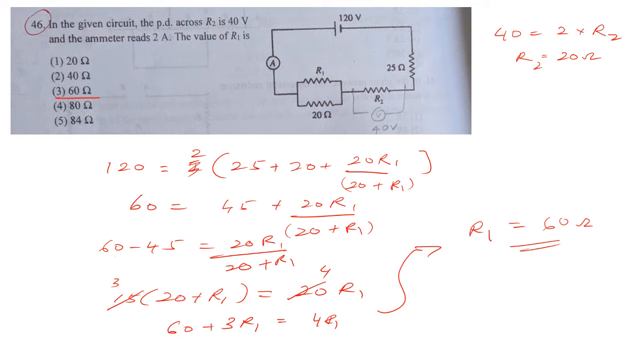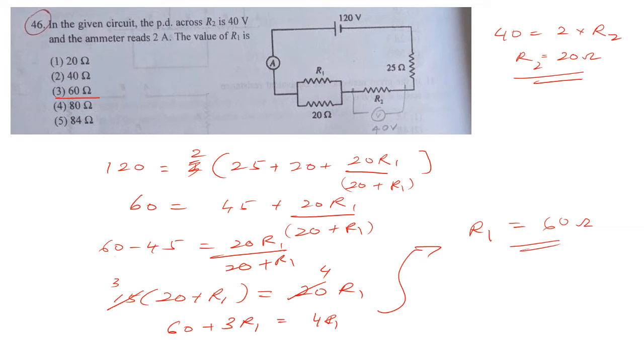Now the very first thing you want to understand: the current is 2 ampere, and the current through this is also 2 ampere. So this value R2 we can find simply using V equals IR. If you didn't figure out this R2 first, when you write the Kirchhoff law to the circuit, you get two unknown values but only one equation, so it is infeasible.